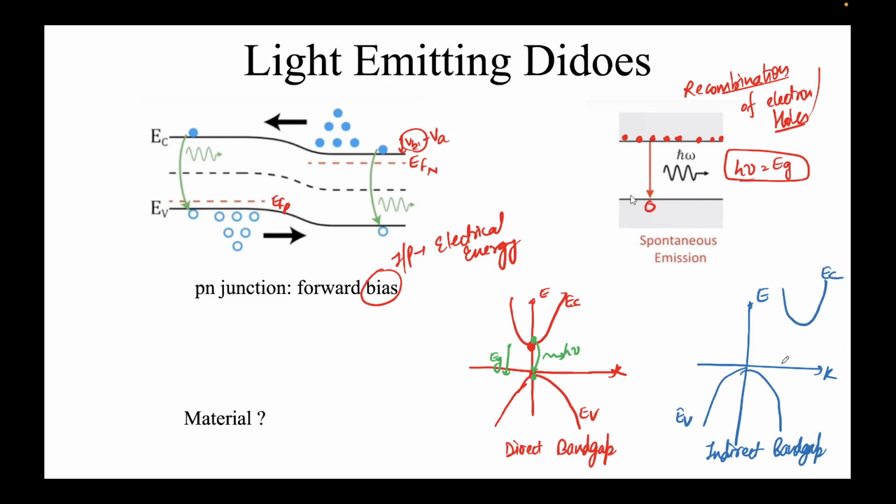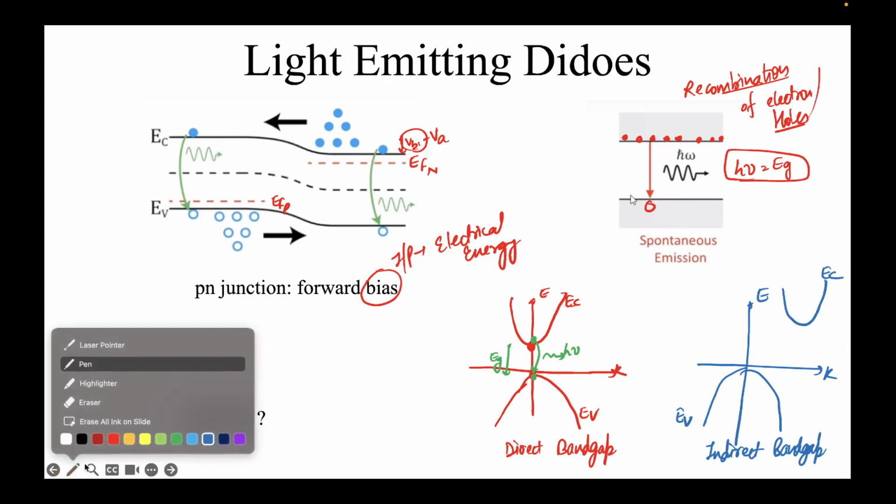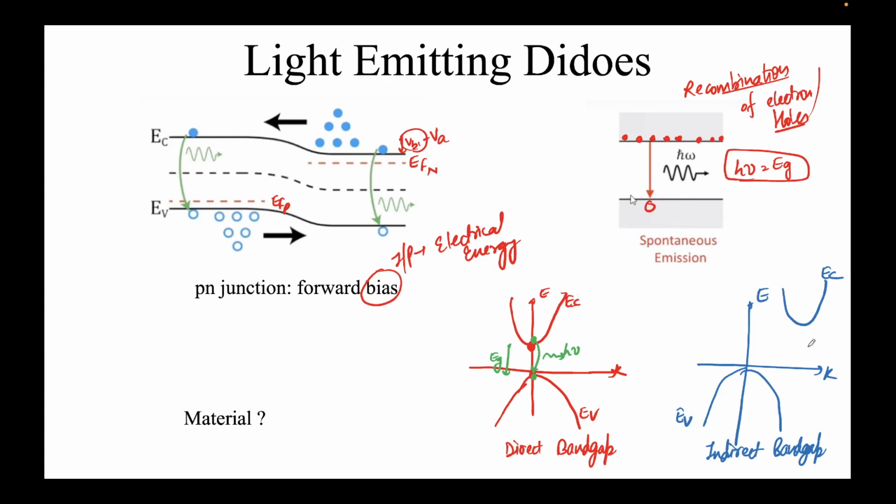Now again I will try to do the same process. An electron is here at the bottom of the conduction band, and it has to come here now. So again, in the process it has to give away this energy Eg. So what's going to happen, a photon should be generated, but it also has to traverse this.